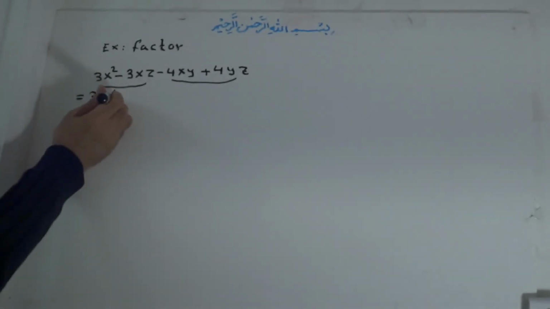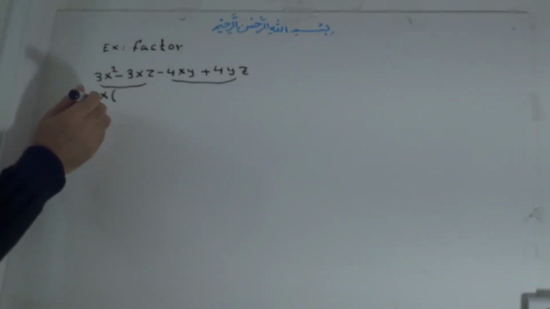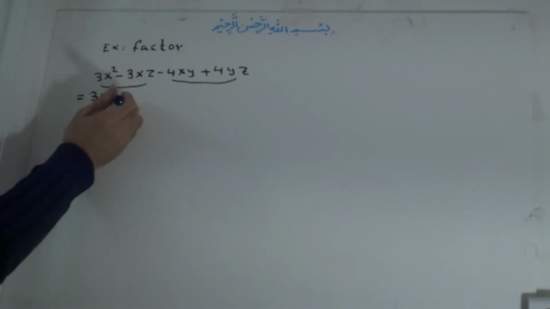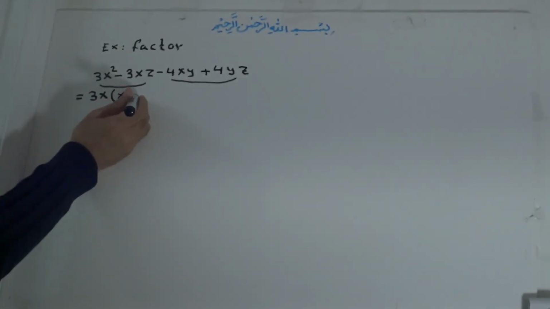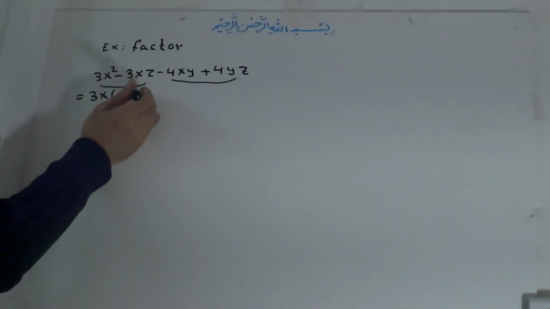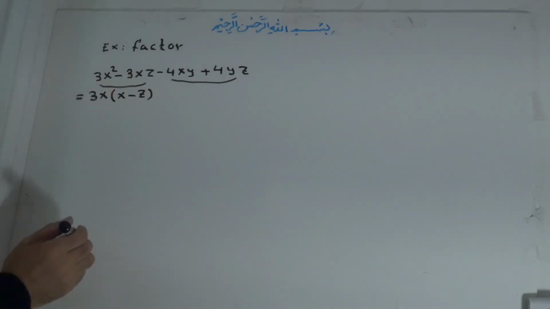Now what we do, 3 divided by 3 is 1, 1 times x to the power of 2 minus x to the power of 1 is x to the power of 1, so x minus z. You already removed the 3x.